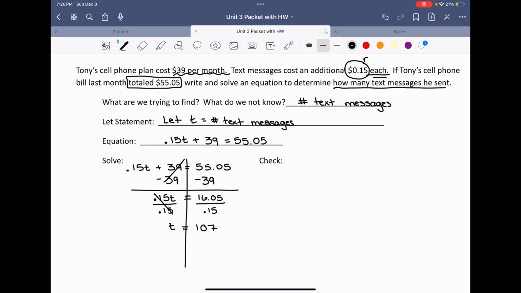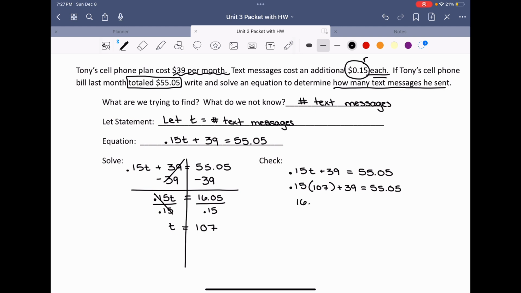Let's check that. So we're going to rewrite, replace, and solve.